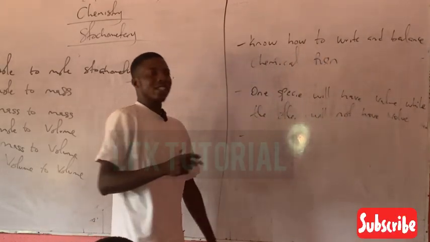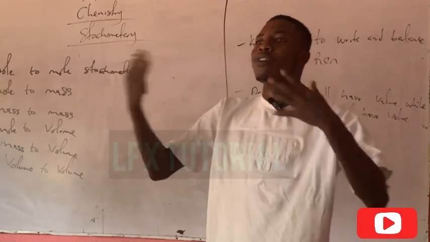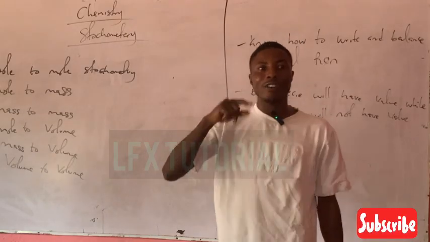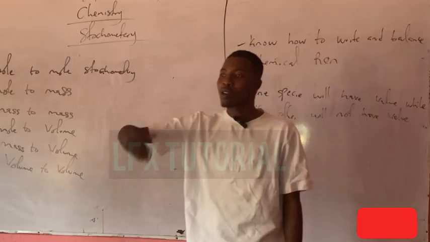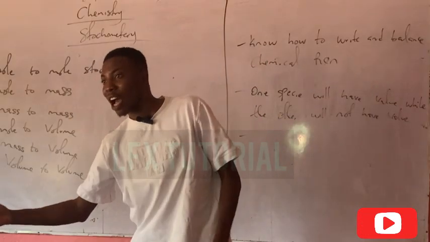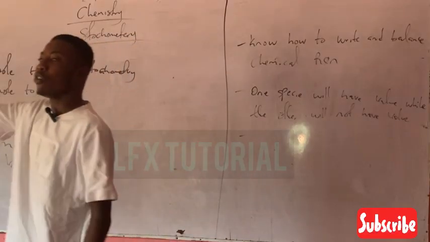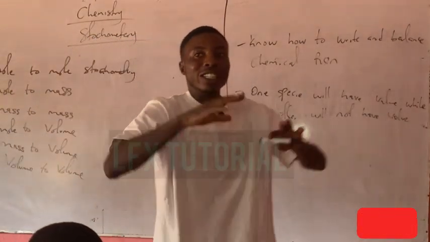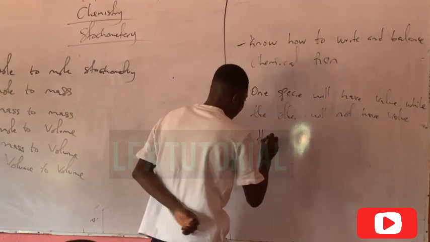Now, the third thing you are going to know before stoichiometry is how to convert. It's not converting centimeter to meter. This time around, it is how to convert from mole to mass, from mass to mole, from mole to volume, from mass to volume, and so on.